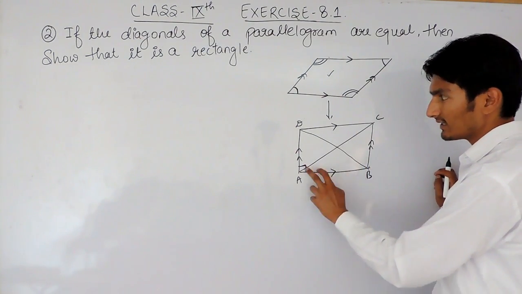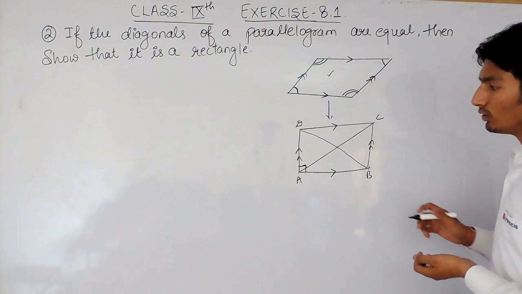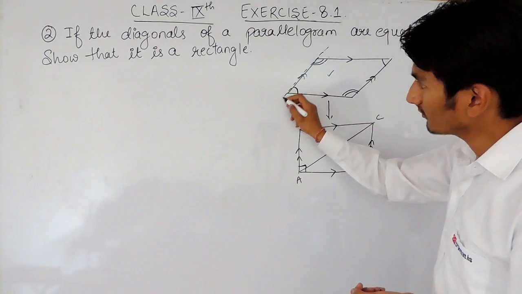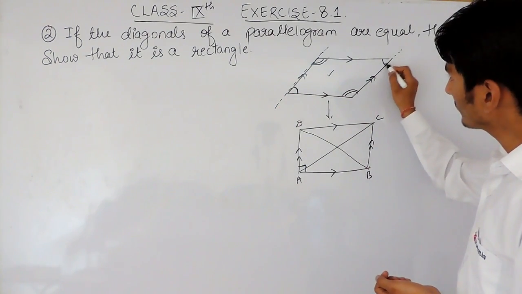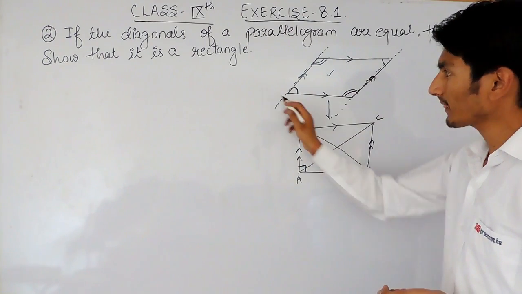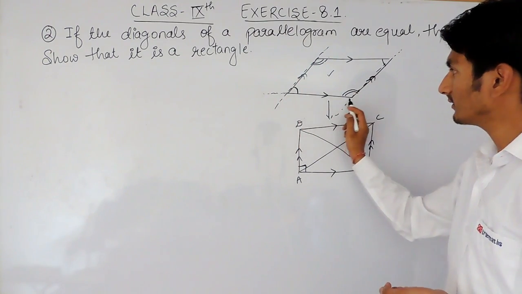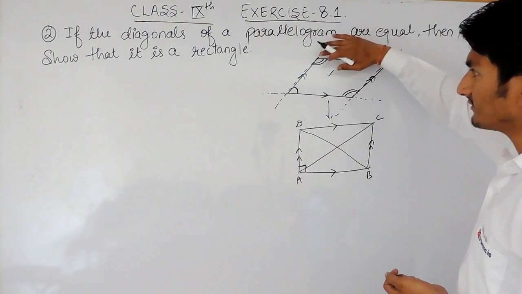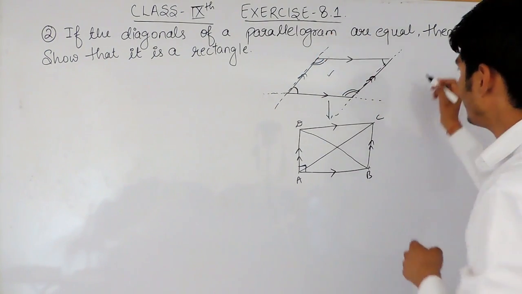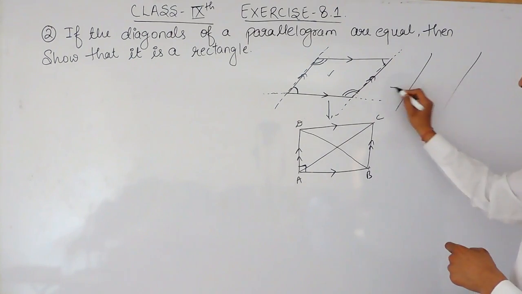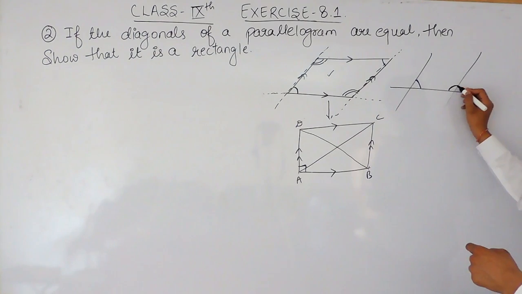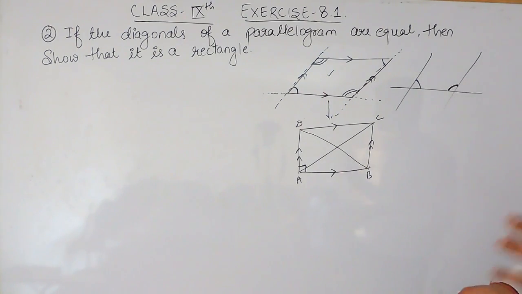So if these two angles are equal, and we know that in a parallelogram, these two are parallel lines and this is a transversal. So these two lines are parallel, this is a transversal, and we know that when two lines are parallel and there is a transversal, the sum of interior angles is equal to 180 degrees.